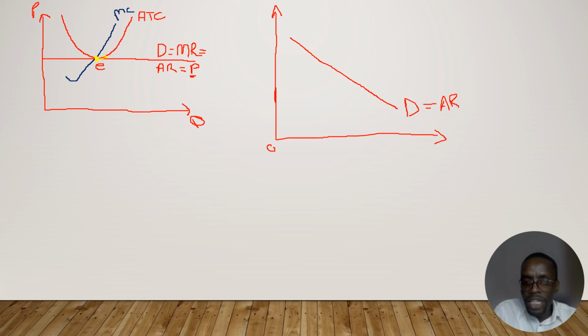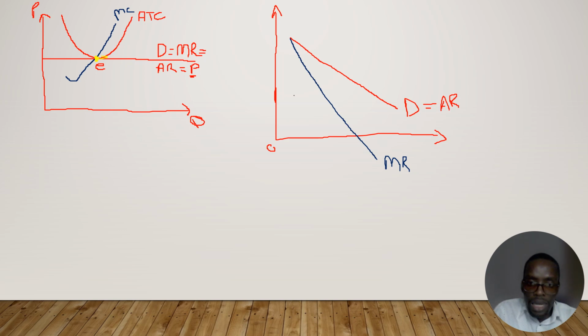And then we also have our MR curve, which we said this one is our MR. Now you need to understand that when we talk about our monopoly or our imperfect market, our marginal revenue is not equal to average revenue. It's less than that, or it lies below the average revenue. But we are going to discuss that in greater detail as we move on.